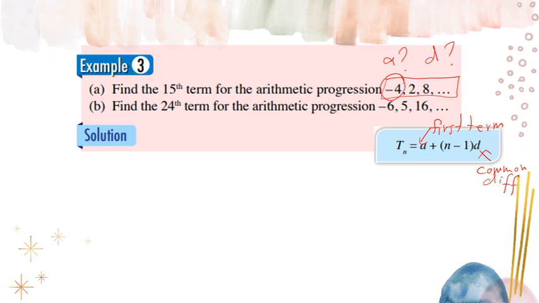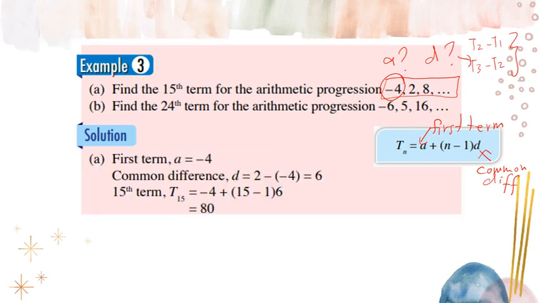A is the first term, which is -4. So, how to find D? D, you have to subtract T2 minus T1 or T3 minus T2. That's how you get D. Okay. So consider the first question. So first term A is -4.